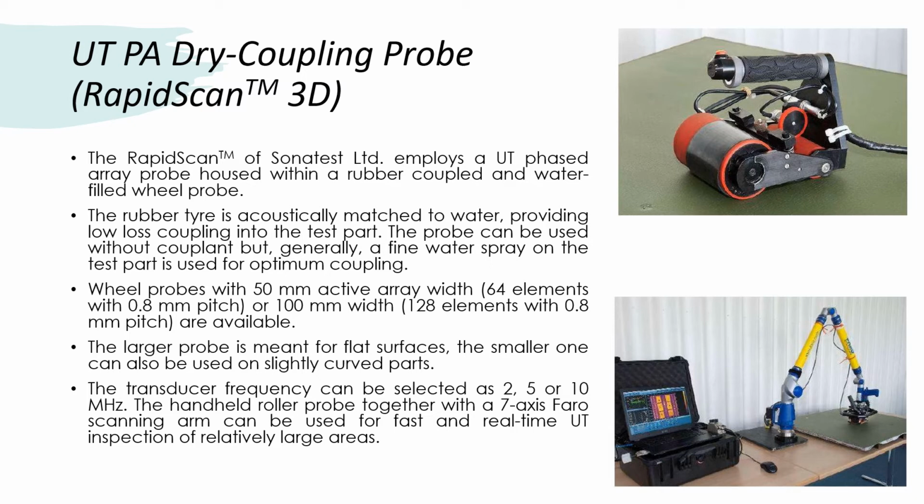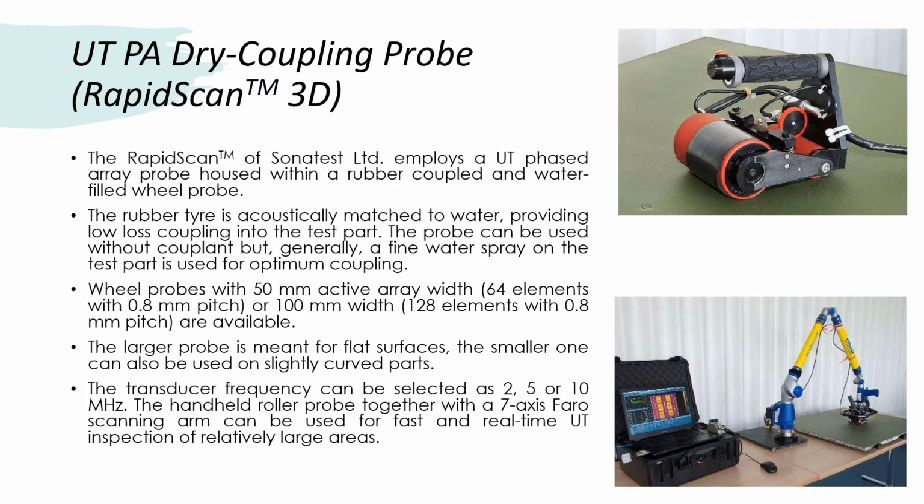The larger probe is meant for flat surfaces. The smaller one can also be used on slightly curved parts. The transducer frequency can be selected as 2, 5 or 10 MHz.